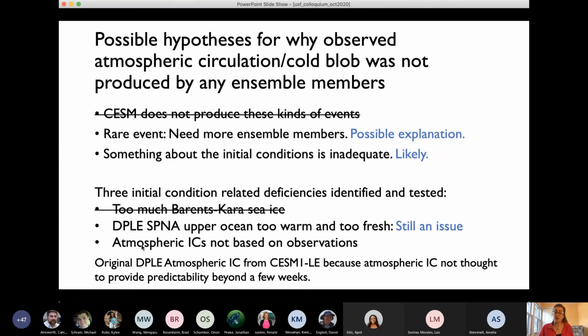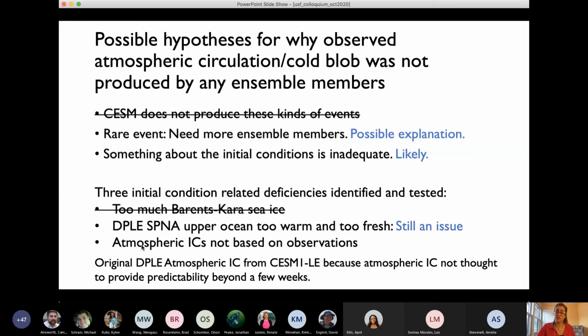The reason for that was because you have these restart files available that have all of the full fields that you need, whereas you don't have those fields available from an atmospheric reanalysis. And we also don't think that in most cases, atmospheric evolution driven by initial values really lasts more than a few weeks. So for 10-year timescales or 1-year timescales, we really don't think that should be a huge thing.